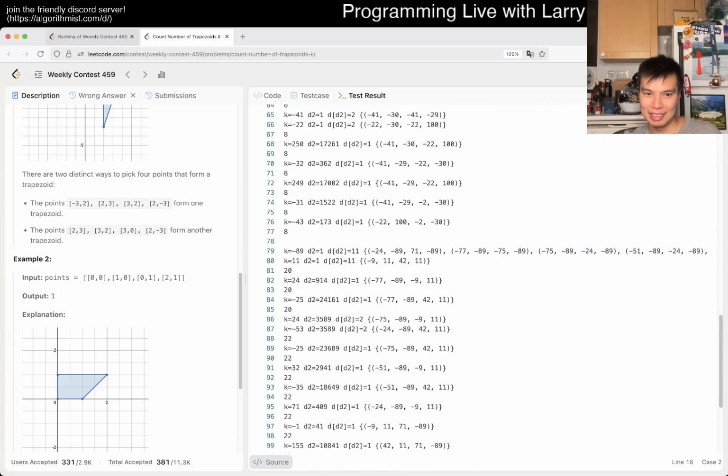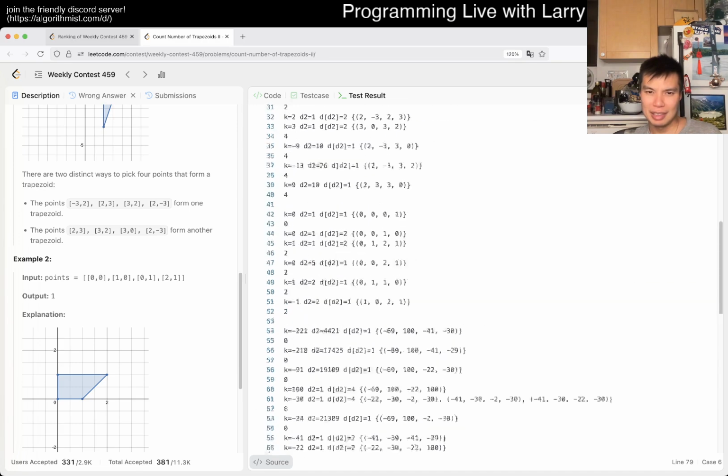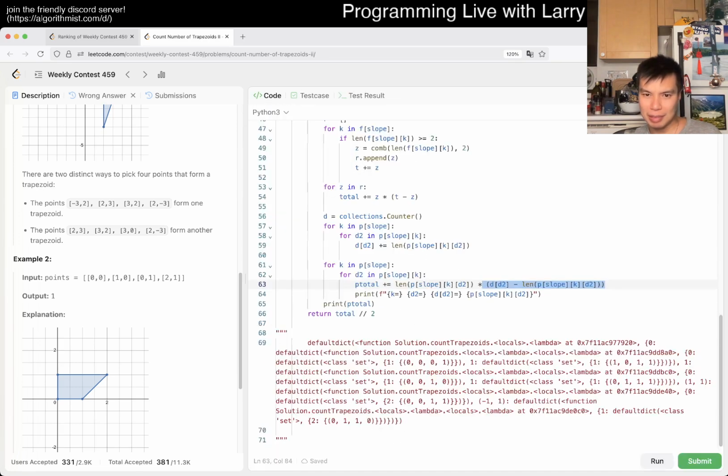Why is this the case? Okay. Distance 11. D2 is 1. D of D2 is 11. Is this right? Is there one more thing that I'm forgetting?